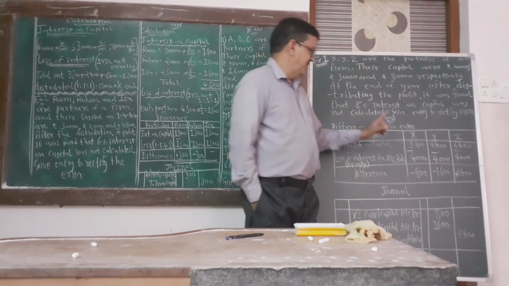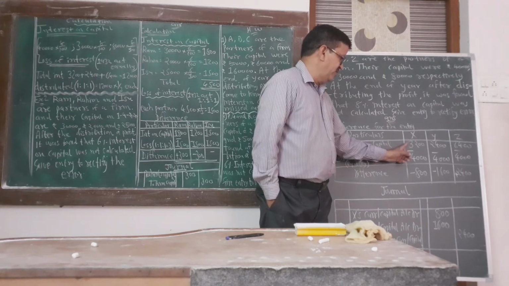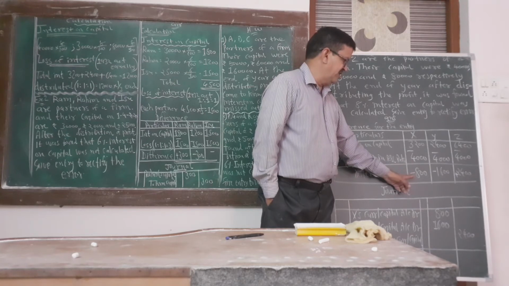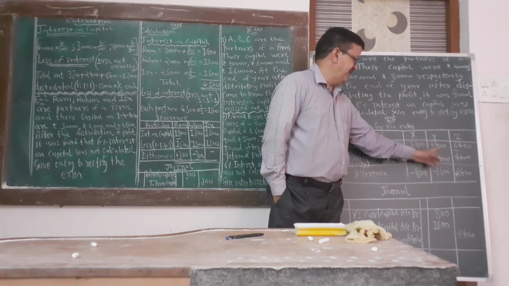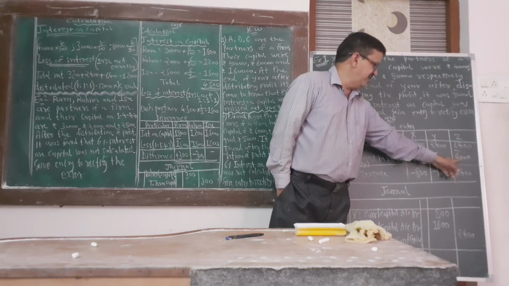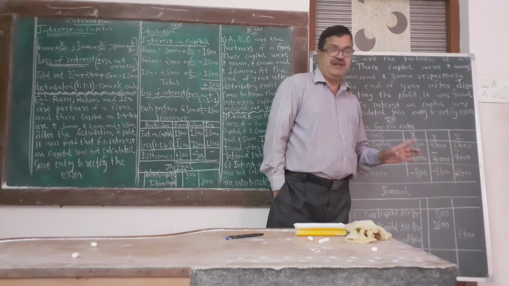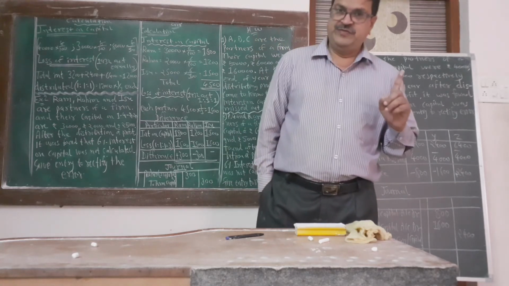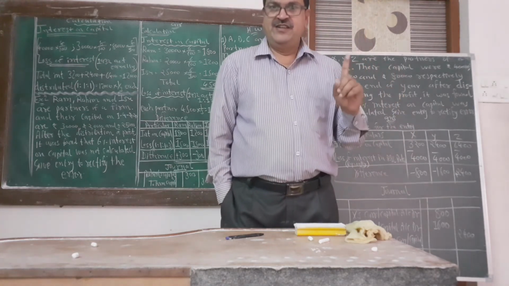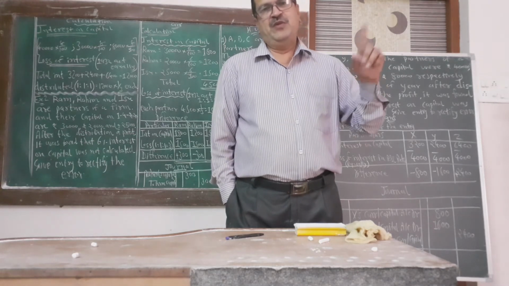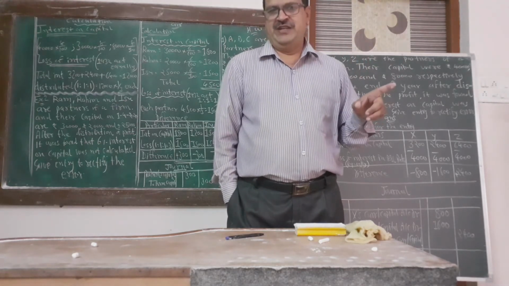Now deduct: 3,200 minus 4,000, so it comes minus 800. 2,400 minus 4,000, minus 1,600. 6,400 minus 4,000, plus 2,400. In the last example also, I cleared that if the difference is negative, the amount is debited to the partner's current or capital account.